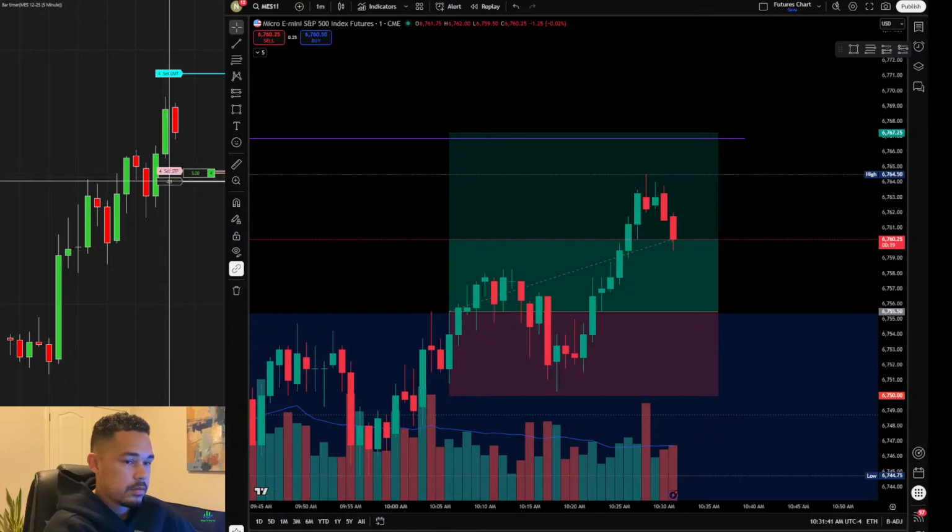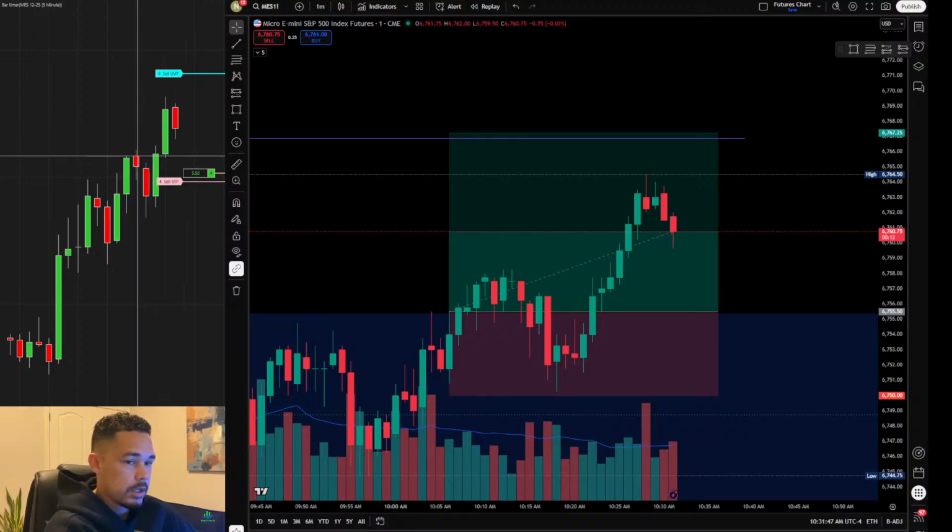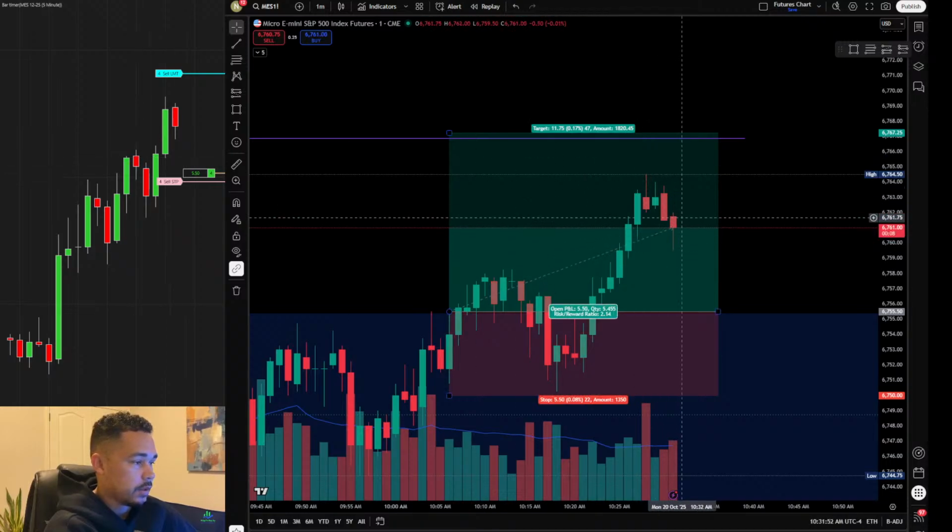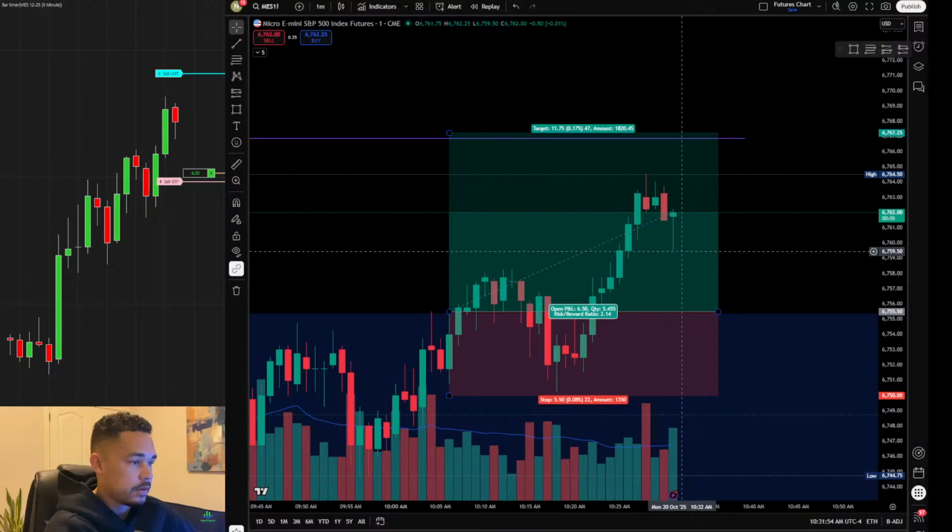I want to possibly move my stop right here so we can at least get the top of this. If it does come down to 67.57, I don't want to see that, but you know, price does what it wants to do. I want to see a strong rejection off of here.